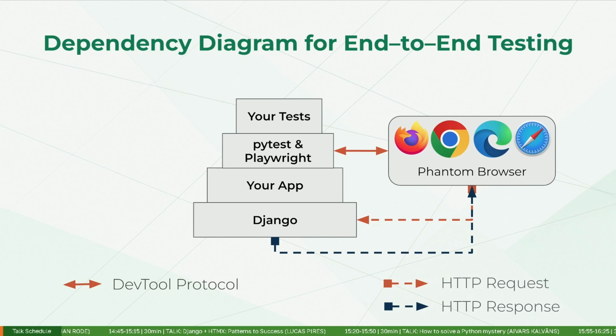This protocol is also used by your browser's development tools, so everything you can do there can also be done in Playwright. Therefore, Playwright gets immediate feedback whenever something changes in the browser. And this is a really important feature because it avoids having to add artificial delays into the testing code.